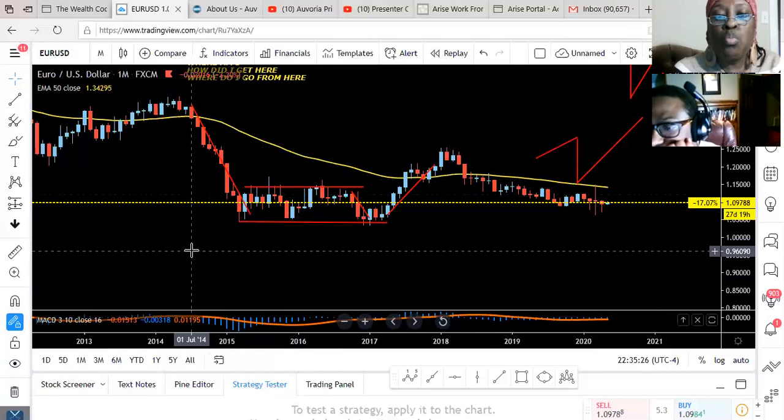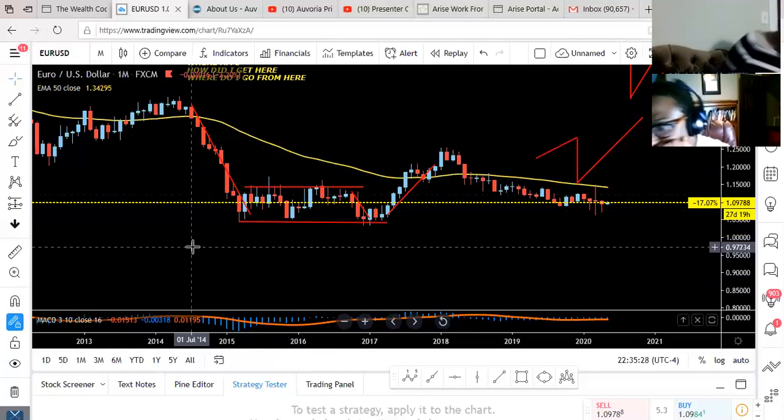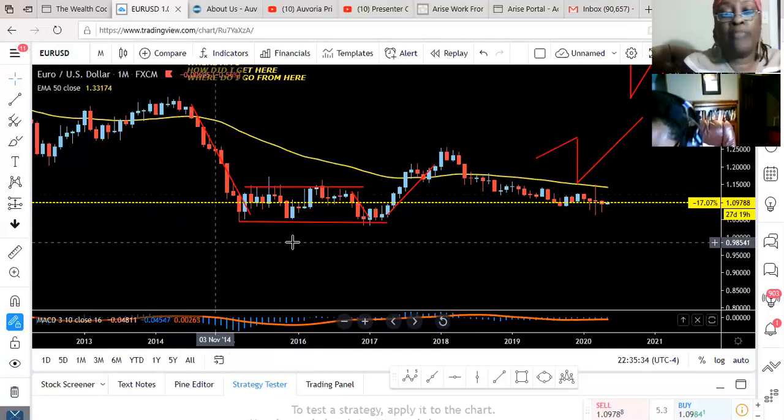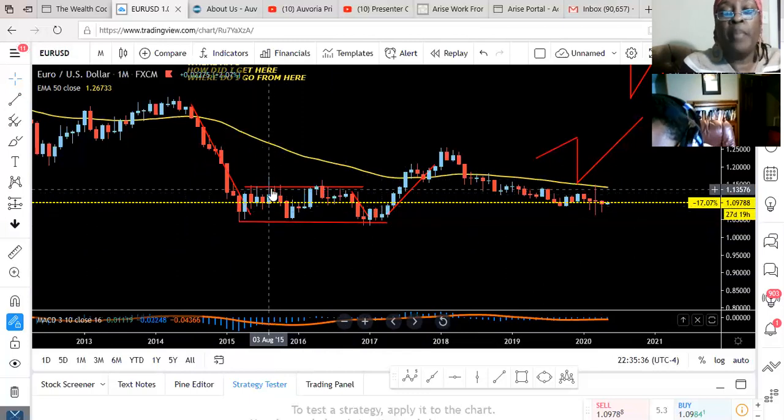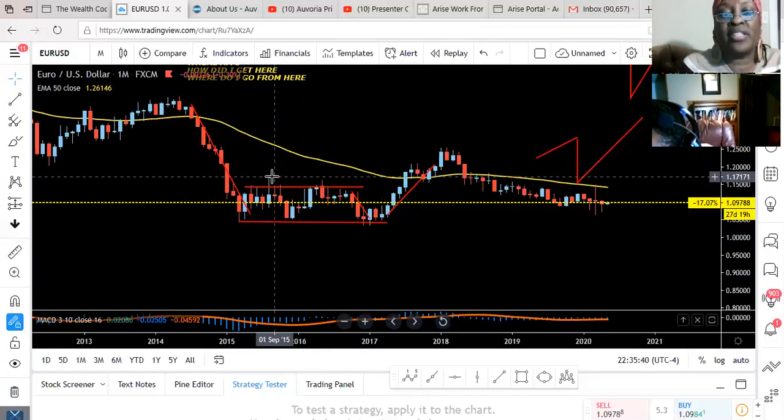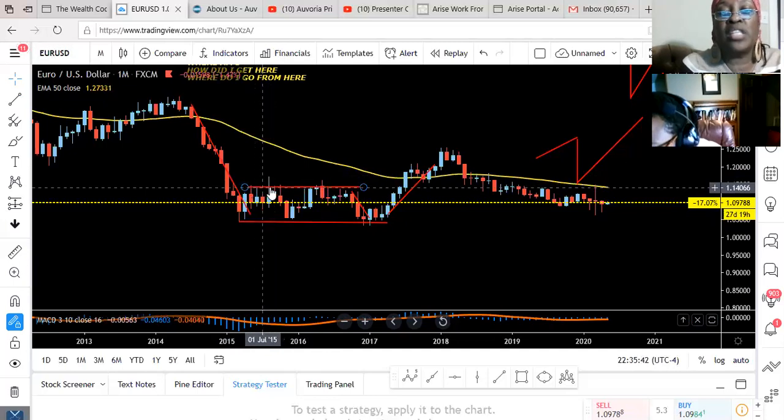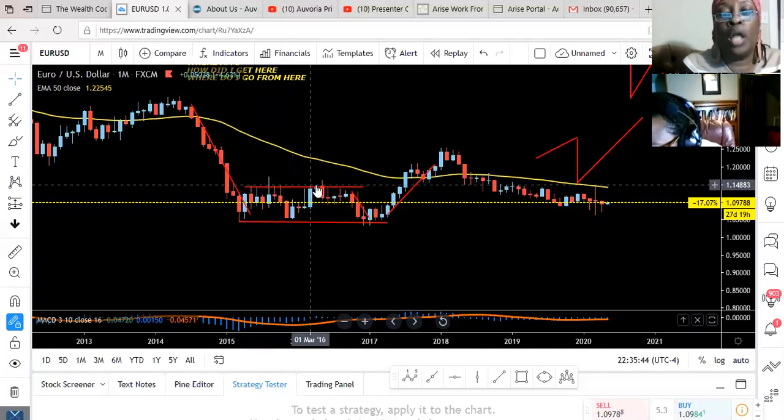Okay, I see it. Yeah, so what I do is I take the highest wick and the lowest wick, and I'm just trapping it. Even in this case right here, I didn't put my trend line at this wick up here because these other wicks are along the same area.